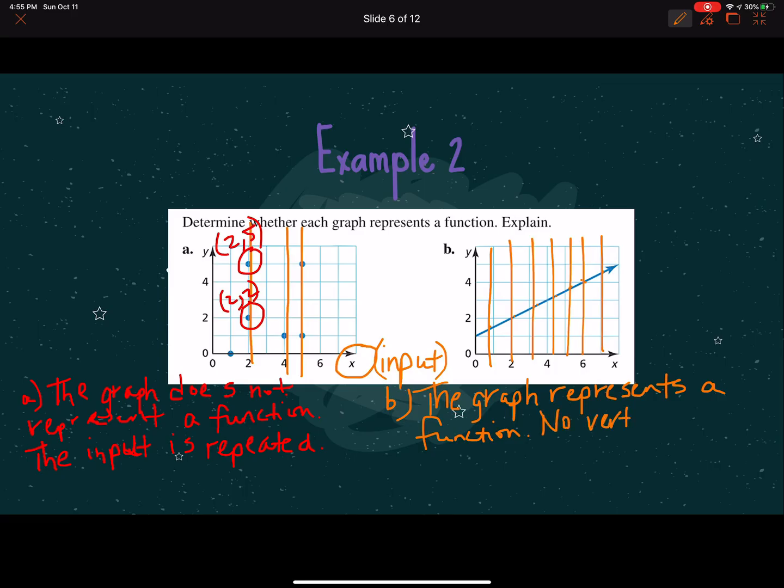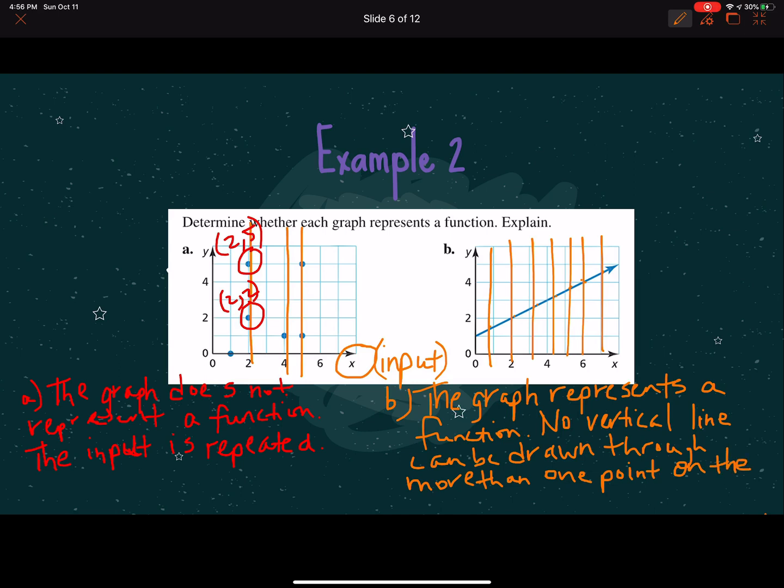That's a possible explanation. Okay, and so it's just as simple as looking at vertical lines to make sure your x is not being repeated. That's how you're going to determine whether it's a function.